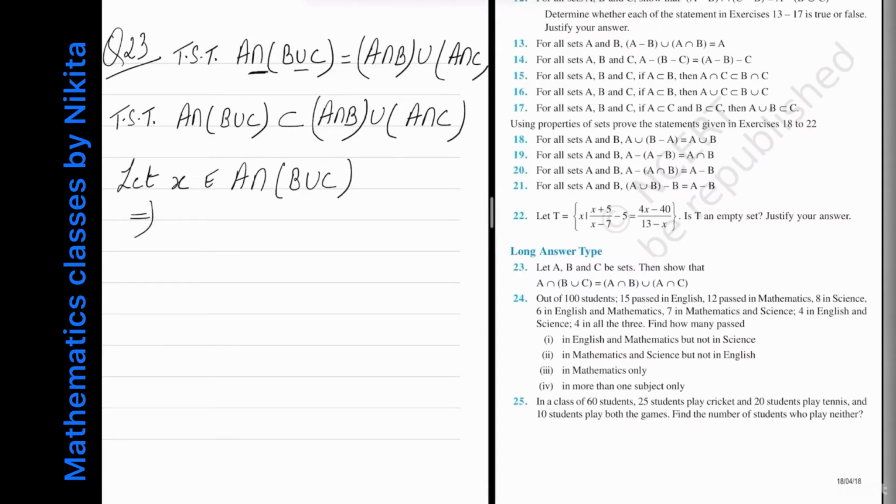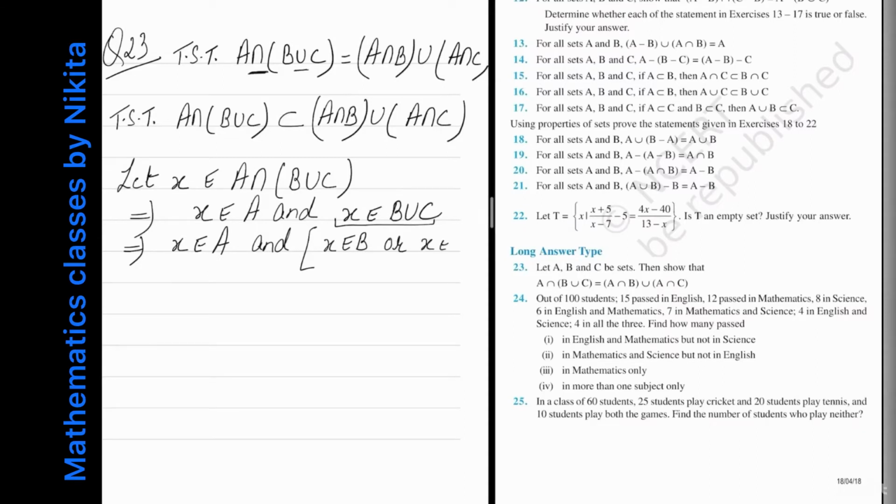This implies what? This implies that x belongs to A, and because of the intersection, "and" comes in, and x belongs to B union C. Now from here I get that x belongs to A, and x belongs to B union C. So this can be written as x belongs to B or x belongs to C, because union means "or".